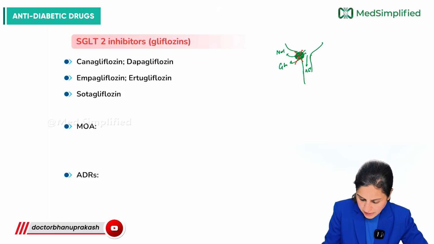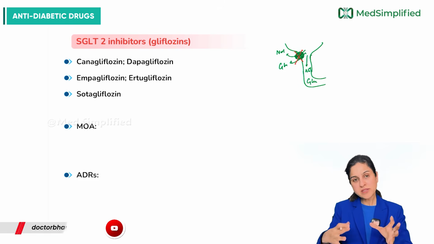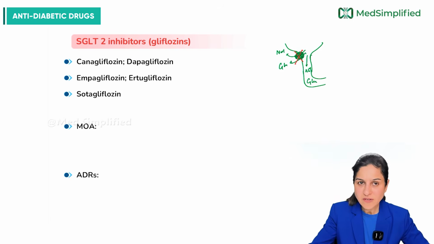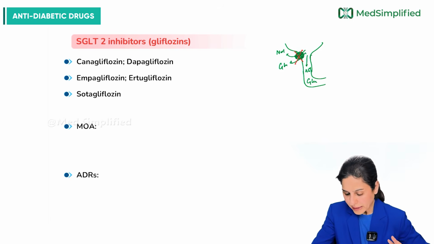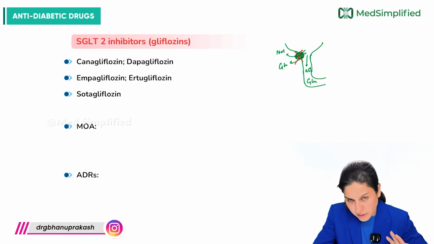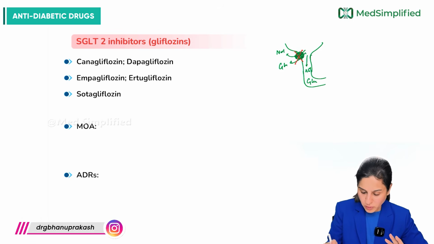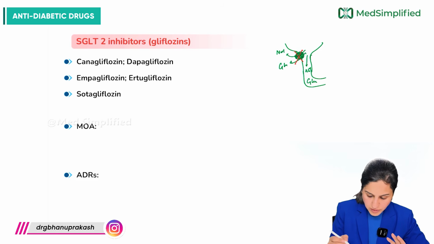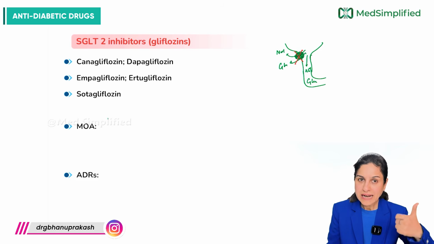Sodium and glucose are going to be excreted out, so there will be an increase in the level of sodium and glucose in the urine, but it is not going to be transported back into the body. So this is how they work, right? Because of this, there is less sodium and less glucose in the body.